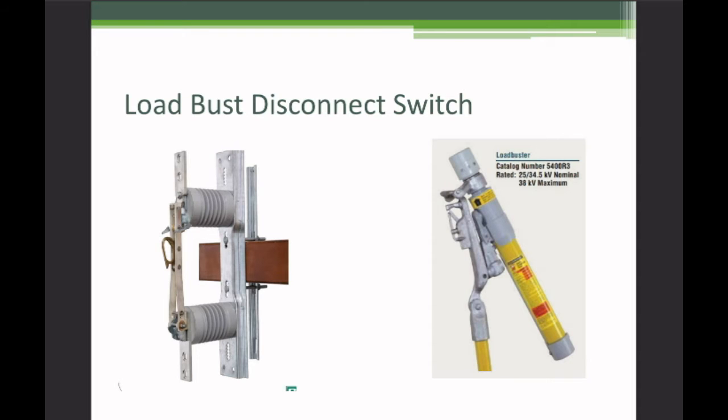So once you apply the load bust tool to the hooks and you grab through the handle and pull it open, these contacts will swing open at this point here, where the contacts inside this tube are still closed. As you continue to pull, these contacts open up and the arc is formed inside this fiberglass cylinder where it is contained and controlled and extinguished.